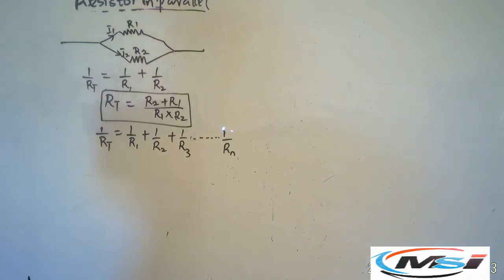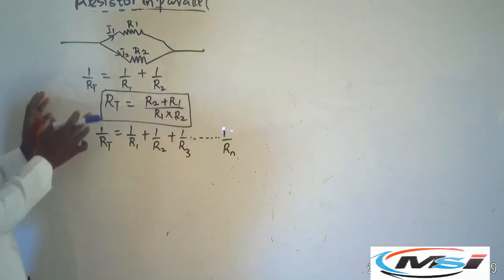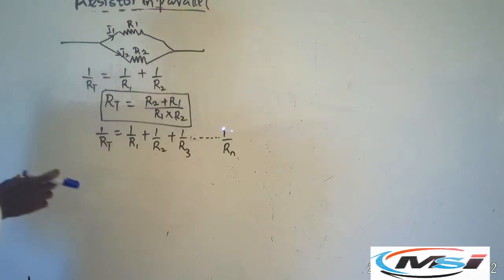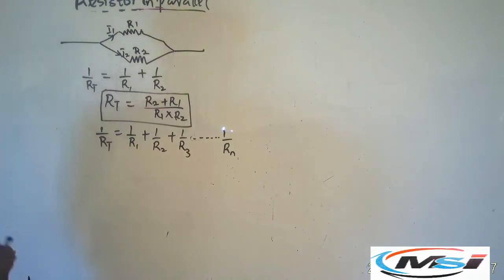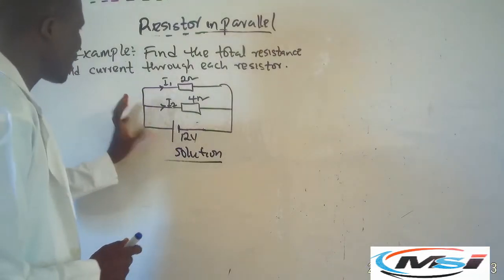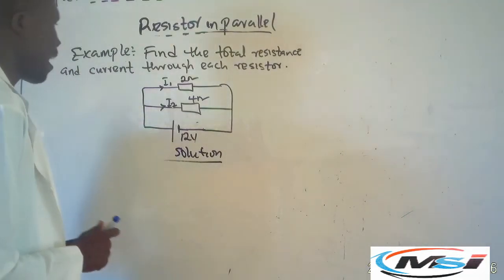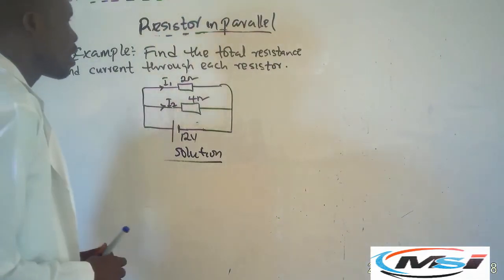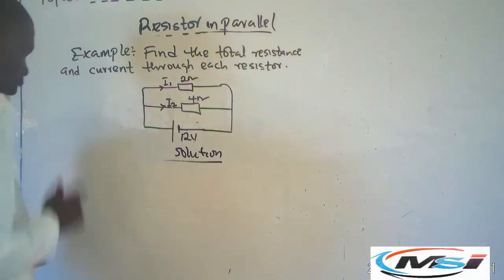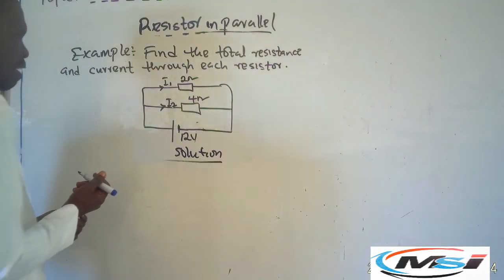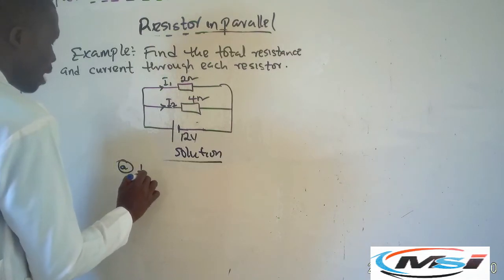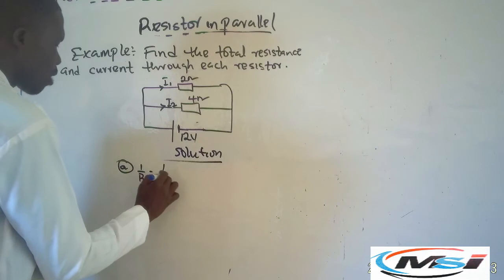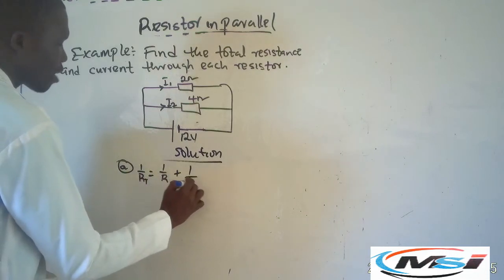Now let me take you through this question, and let's see how to find the total resistance, and not only that, how to find the current in each resistor. We want to find the total resistance and the current flowing through each resistor. So what are we going to do? Let's start by finding the total resistance. 1 over RT equals 1 over R1 plus 1 over R2.